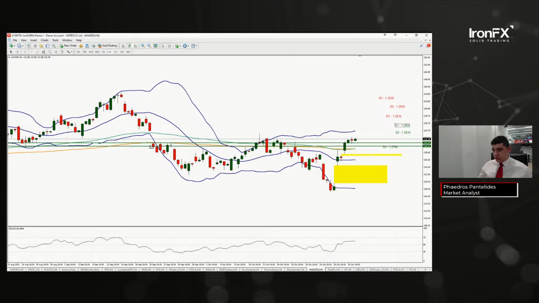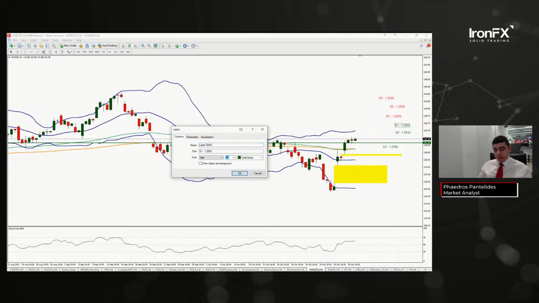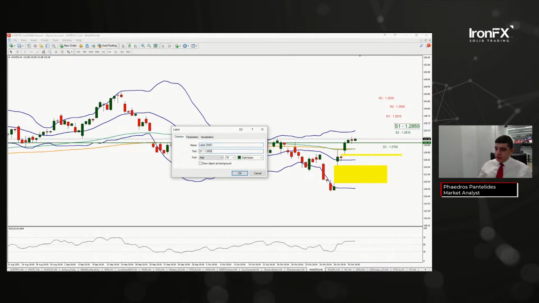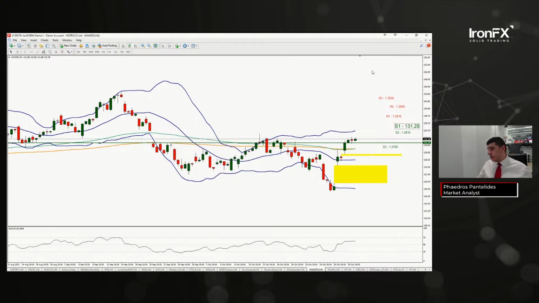These two wicks by combining these bearish candles, so they're opening figures, but using the most recent data, my support level would be at the 131.25 level. And 131.25 for S1.